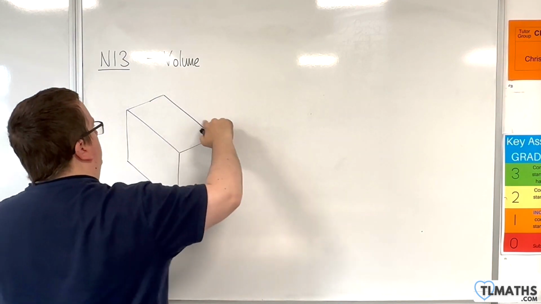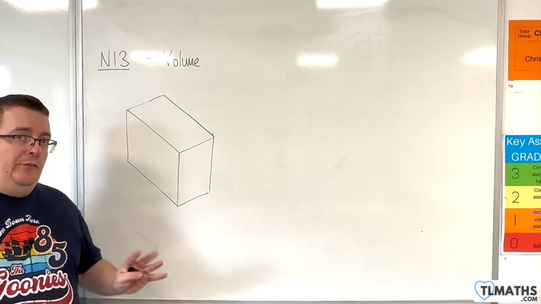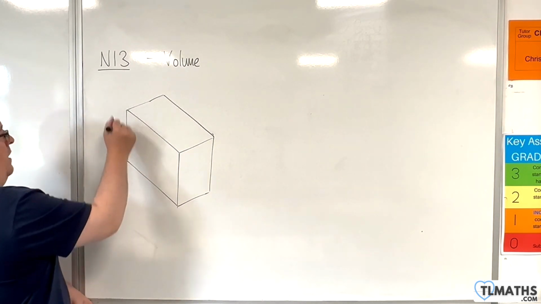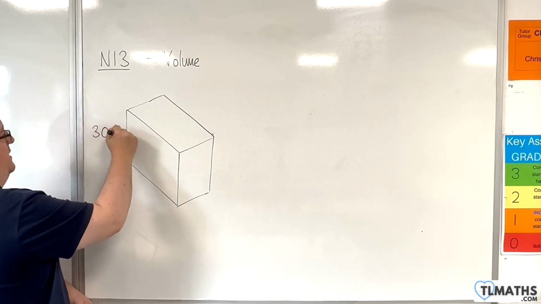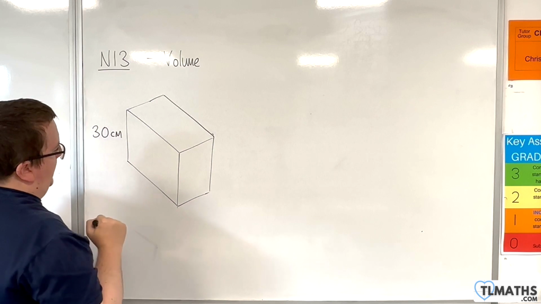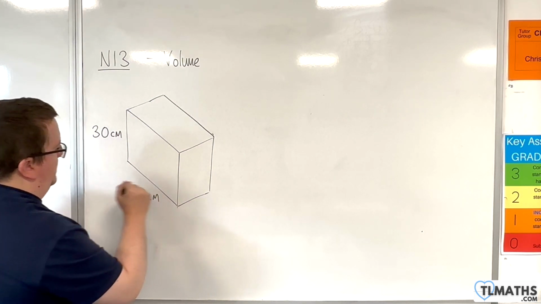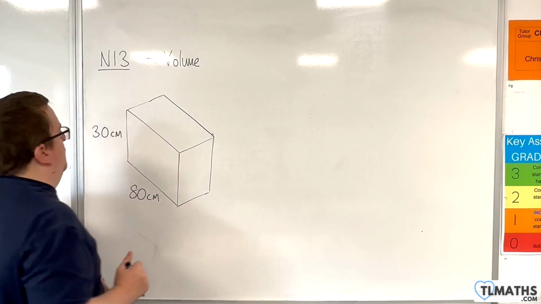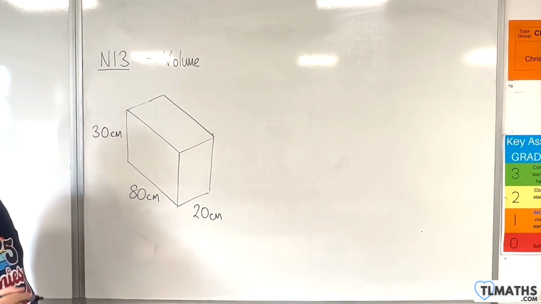Something maybe more like that. Yeah, that's a bit better. Okay, so let's say that my cuboid has a height of 30 centimetres. It's got a length of 80 centimetres, and it's got a width of 20 centimetres.